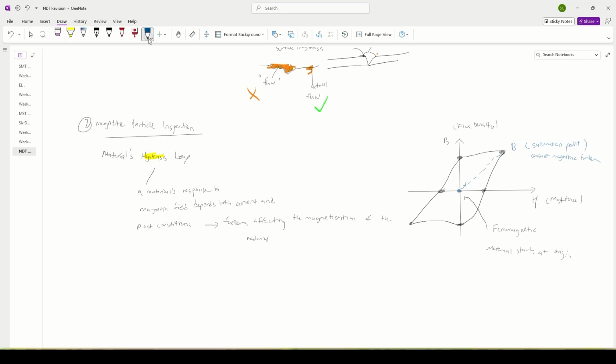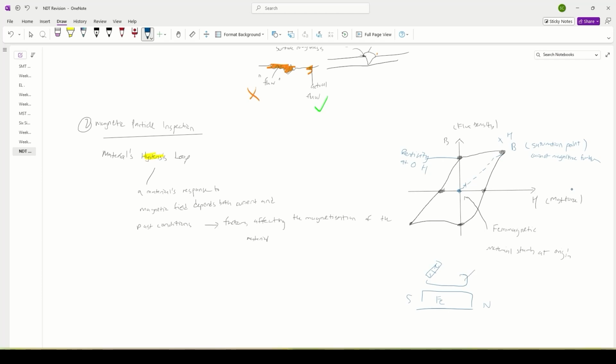Point B is where you disconnect the H, and this is called the retentivity at 0 H. It refers to how much magnetic force remains when you stroke a piece of iron with a magnet. So this is north, south, and when you stroke it like this, this point right here will be north and this one will be south. The south will gather on the left hand side and the north on the right hand side, because this is where the last point of contact is.